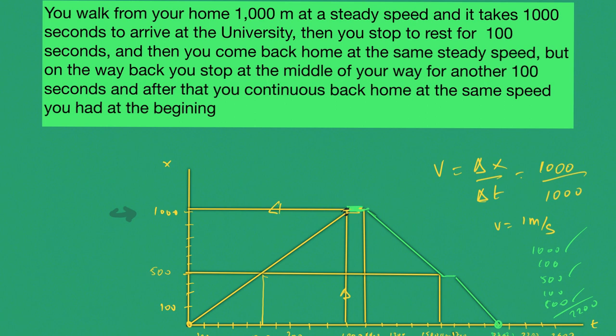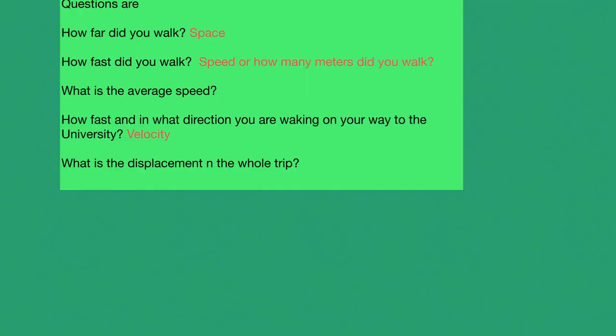So once we draw the graph of x as a function of t, there are questions that we need to ask. The first question is, how far did we walk? This is related to the distance we have walked. If you go to the previous graph, you will see that you walked 1,000 meters in the positive x direction, and then you walked home, so you walked a total distance of 2,000 meters.